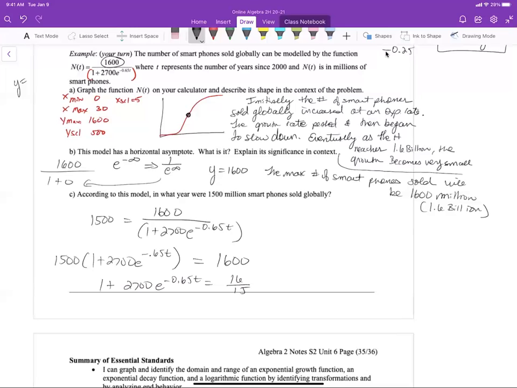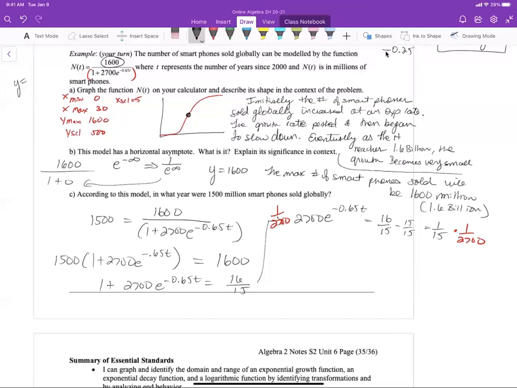I then need to subtract 1 from both sides, and I get 2,700 times e to the minus 0.65t is equal to 16 over 15 minus 1, which is 15 over 15, which will be 1/15. Now I need to divide both sides by 2,700, which is the same as multiplying by the reciprocal, 1/2,700.